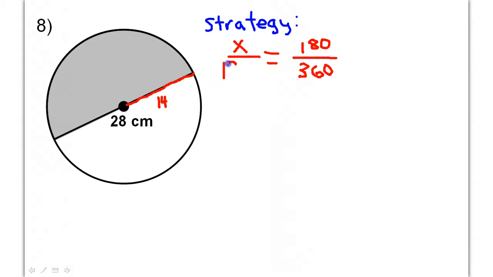This is going to wind up being 196 pi. And again, I'm getting that because area is pi r squared. Of course the radius is 14, so that's pi times 14 squared. Okay, and that's giving me that. And then I could reduce and cross multiply and all that good stuff.